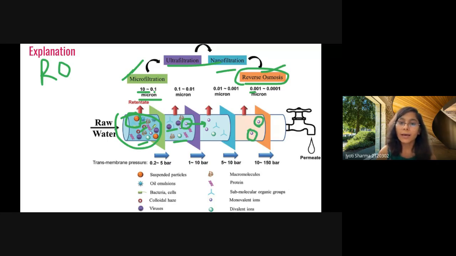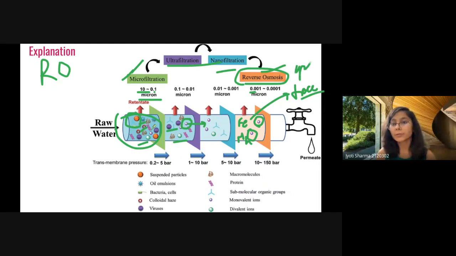Let's say we have some iron or some manganese that we need in the body, and these are known as trace elements. We need some trace elements in our body, and those trace elements may be found in the groundwater. If we are using ROs, it means these trace elements that are beneficial for our body will also be removed under this process.